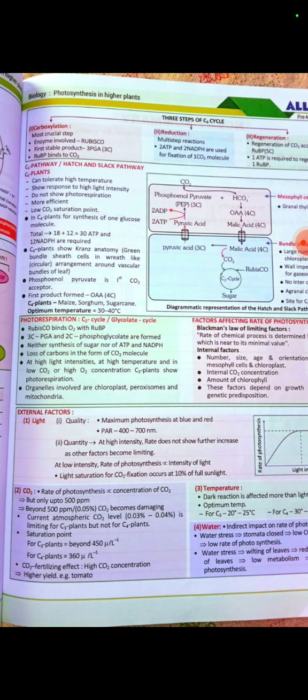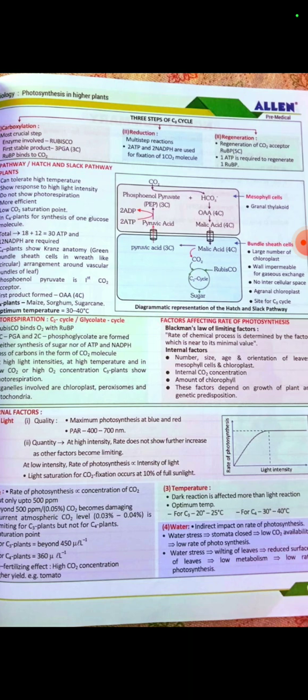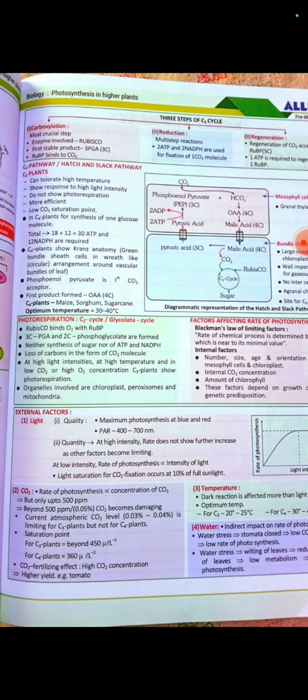It is a multi-step reaction, and 2 ATP and 2 NADPH are used for fixation of one CO2 molecule. And next is regeneration of the CO2 acceptor RuBP, which is 5 carbon. 1 ATP is required to regenerate 1 RuBP, and carboxylation is the most crucial step.